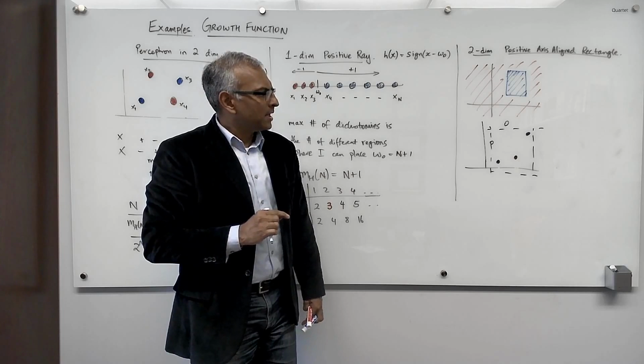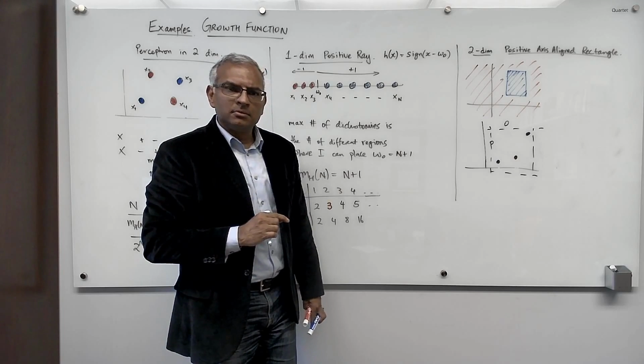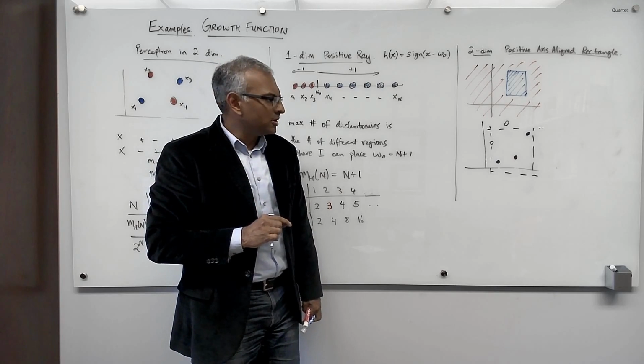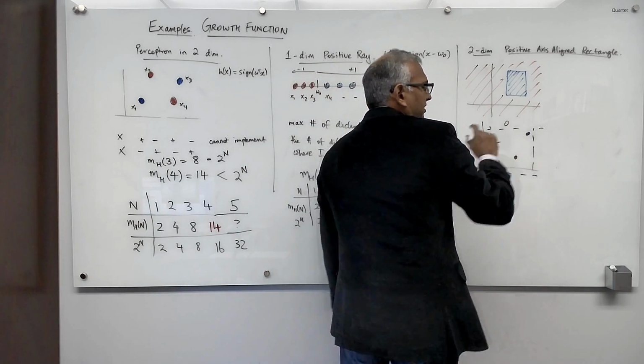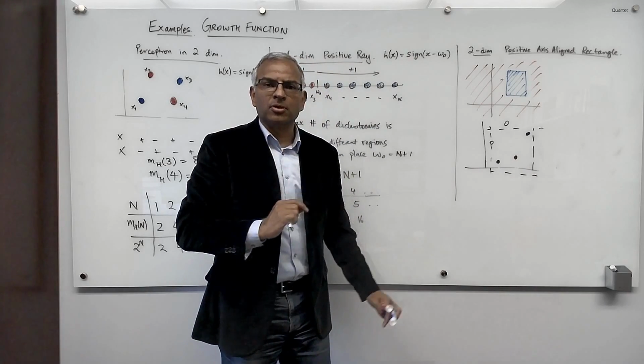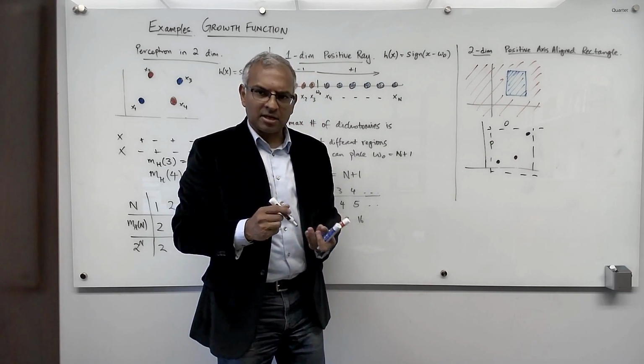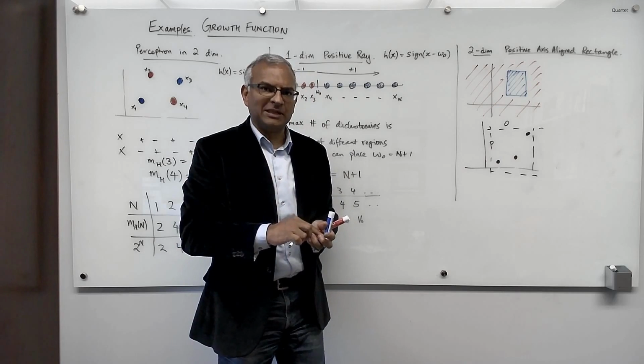In fact, you can show that whenever you have 5 points, there will always be a point that's inside the rectangle defined by 2 other points. And then you can construct a counterexample like this that cannot be implemented.